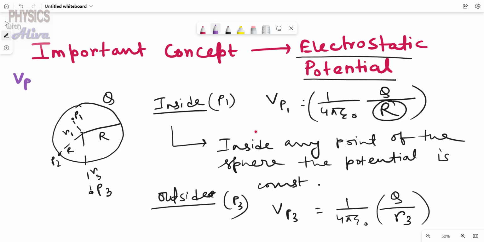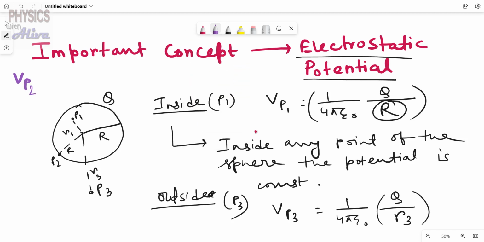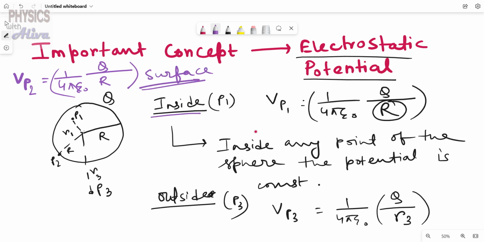The potential at the P2 point on the surface is 1 by 4 pi epsilon naught, Q divided by capital R. So from here we can say that the potential on the surface and at any inside point are the same.